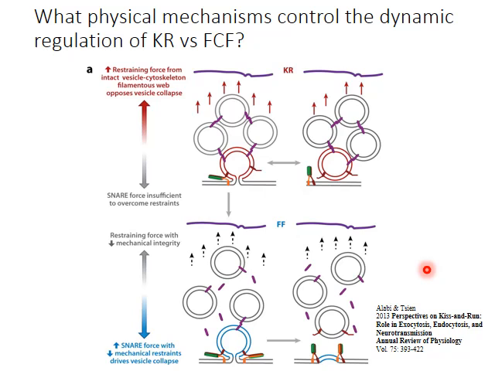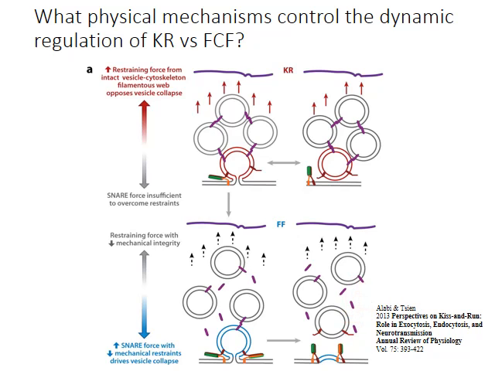And the other point that this figure makes is that after a kiss and run event has occurred, the SNARE proteins don't necessarily continue to reside in the synaptic vesicle. Many of them may be lost to the plasma membrane and contribute to a very slow depletion of vesicular components for synaptic vesicle fusion.